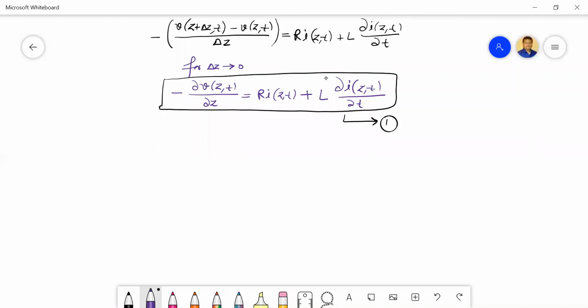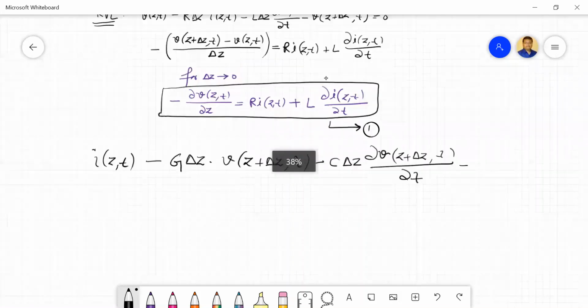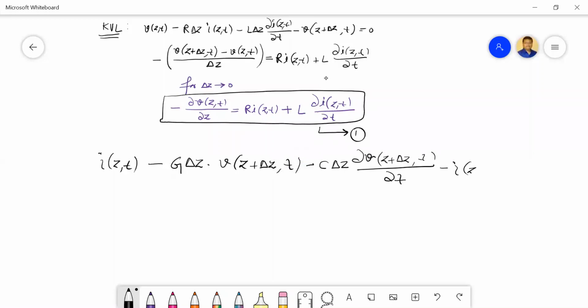I should write the equation. So this will be i z comma t minus g delta z into v z plus delta z comma t minus c delta z dou v over dou t, but this would be the function of z plus delta z comma t, minus i z plus delta z comma t is equal to 0.